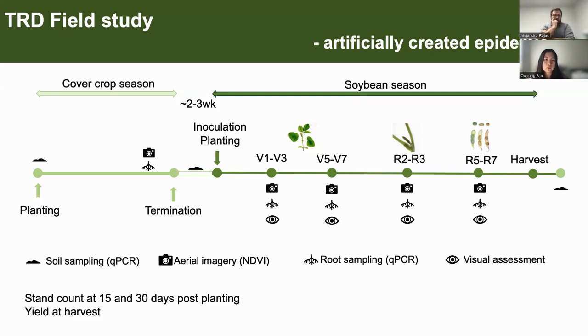The planting of the soybean and the inoculation of the pathogen happen at the same time. At 4 different growth stages, which you can see in this figure, from vegetative stage 1 to 3, vegetative stage 5 to 7, reproductive stage 2 to 3, and reproductive stage 5 to 7, we use a remote sensing approach, taking aerial images for analyzing the soybean vegetation index, and root samples for quantifying the pathogen DNA using a qPCR assay.